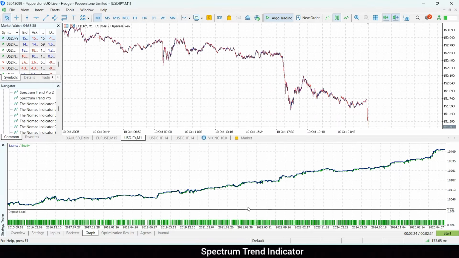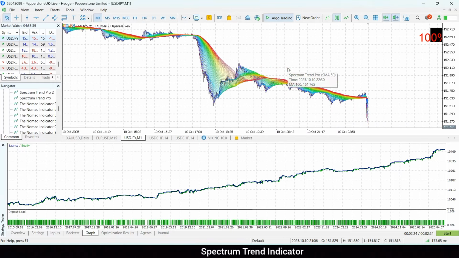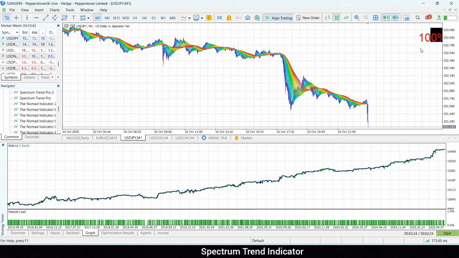We had the indicator here, and we had a number of how many of the moving averages are basically aligned in one direction, and it is now completely bearish.